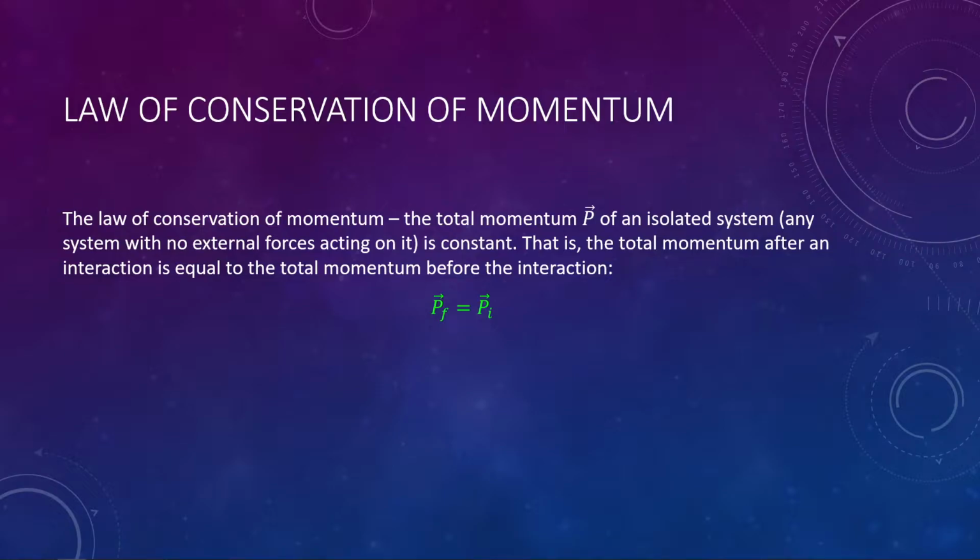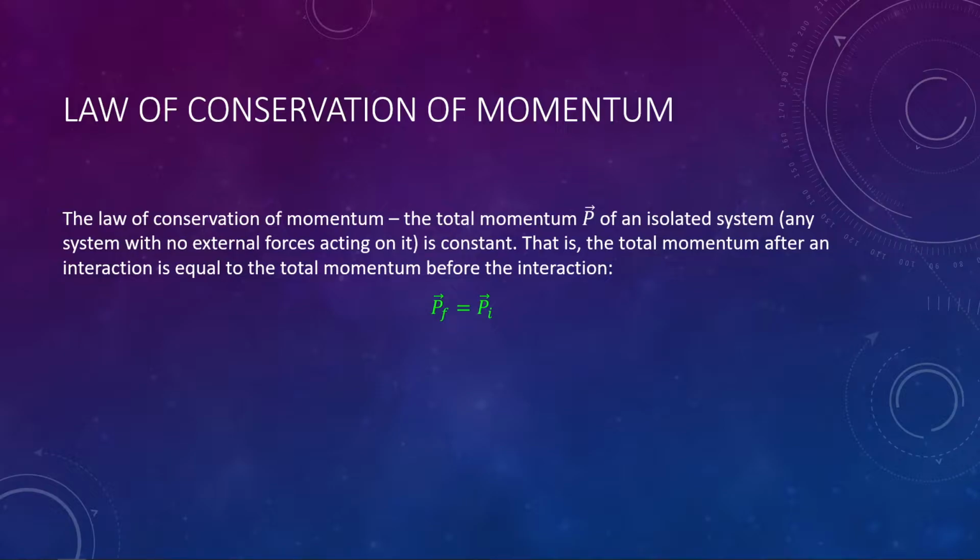Because something else could come in and deliver a force to your objects from an external factor to increase the total momentum. But we're talking about isolated systems. So for our purposes in this course, the level that we're at, we don't subject ourselves to external forces. So it's irrelevant for our purposes. But we're saying that the total momentum is conserved.